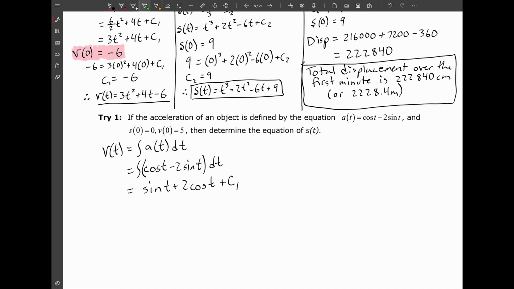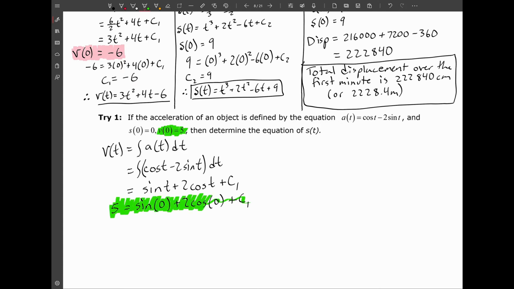Now, we have ourselves an initial condition. V of 0 is equal to 5. So we can set that 5 is equal to sine of 0 plus 2 times cosine of 0 plus our c1. That's coming from our initial condition there. I just apparently got real lazy with my highlighter.